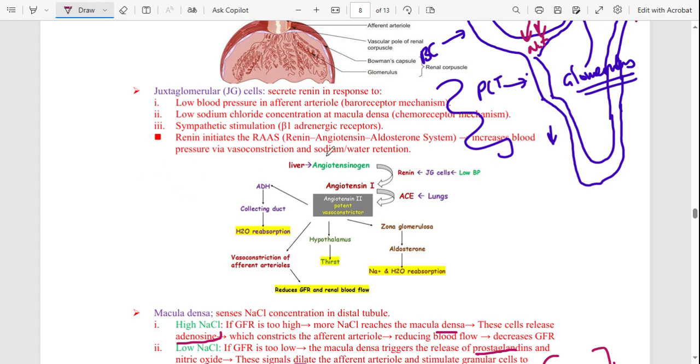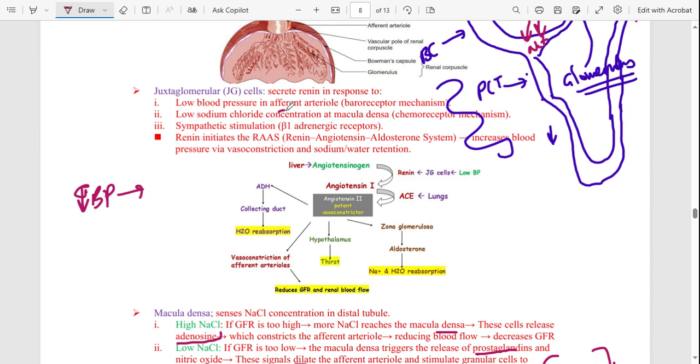So what happens is this: if you have got low blood pressure in the body, it means that only little blood is going to reach the kidney. Because of that, even the filtration is going to be small.